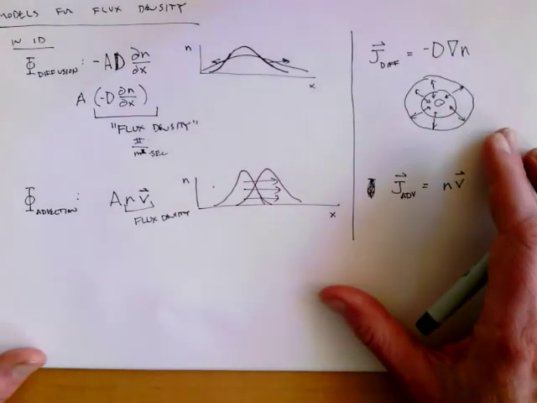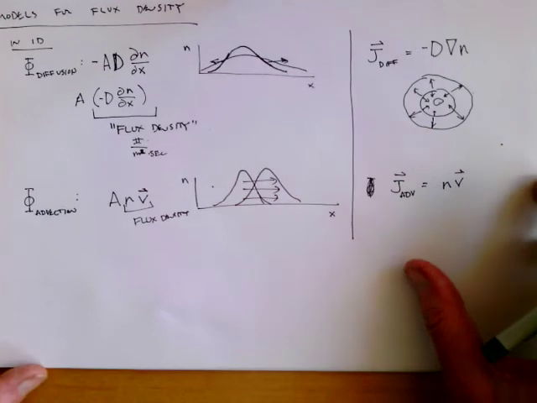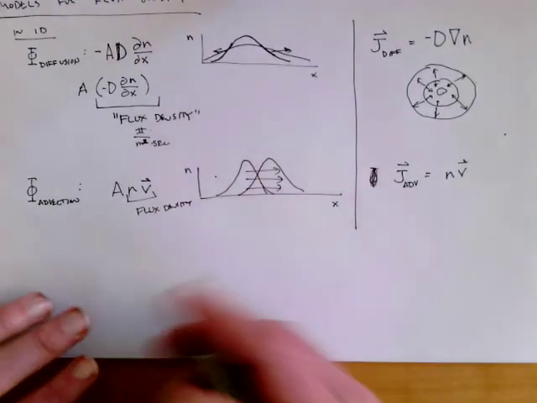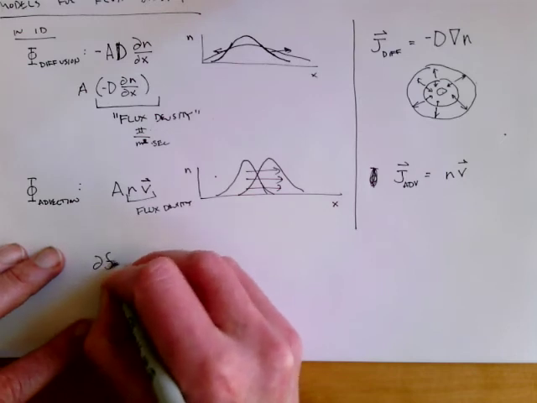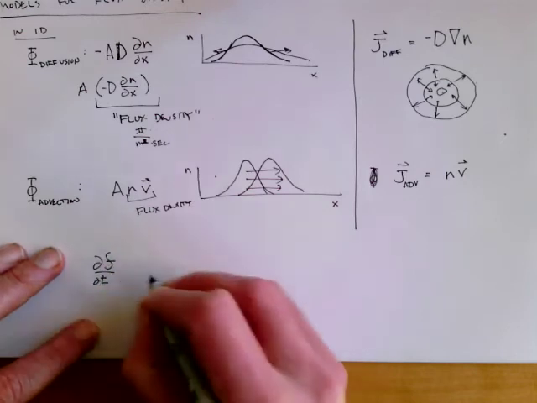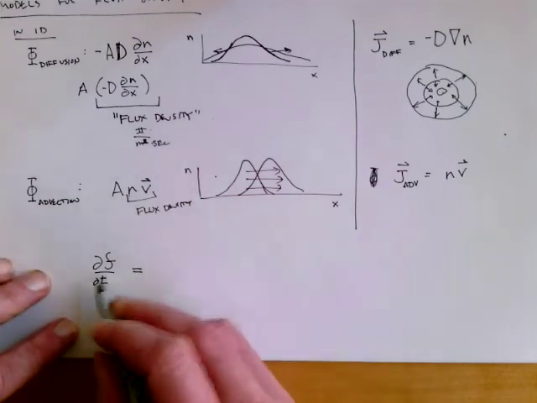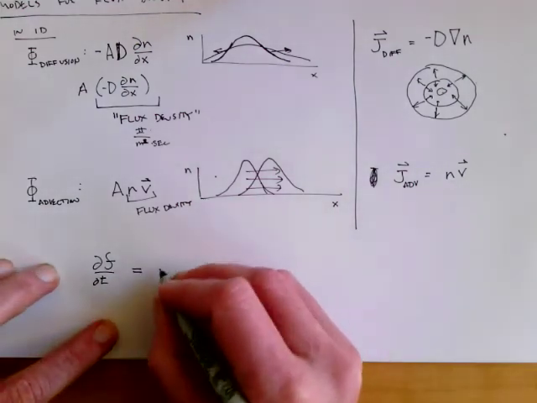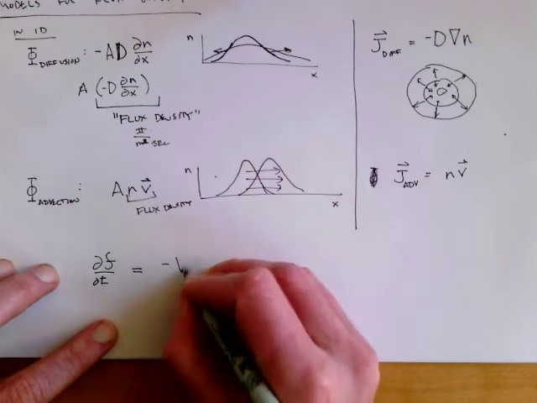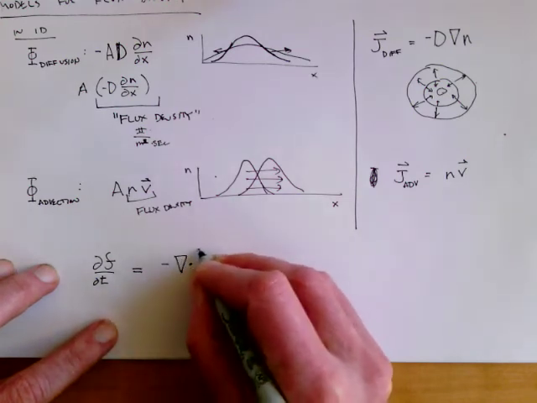So with these two in mind, we can now write out the general partial differential equation for a multidimensional case. So we've got the time rate of change of some physical quantity, locally. So the partial derivative of this physical quantity, this might be the particle density, it might be something else, is minus the divergence of the flux density.